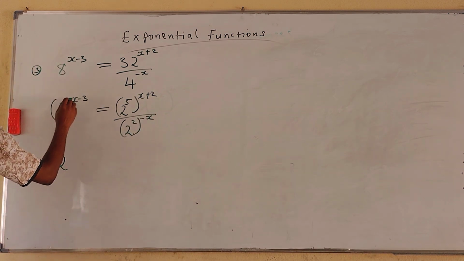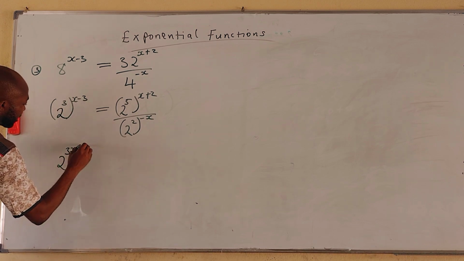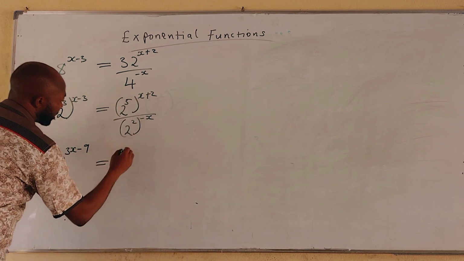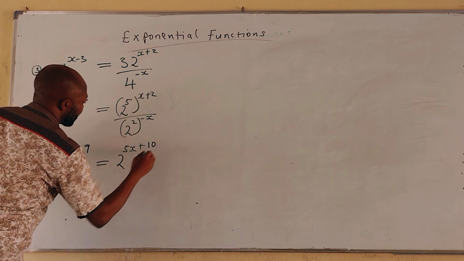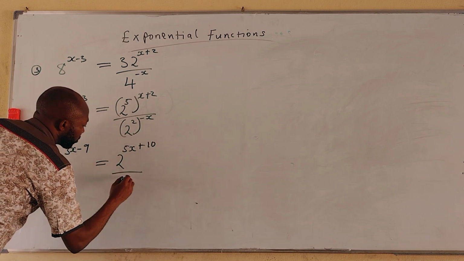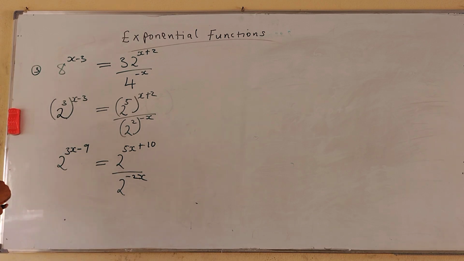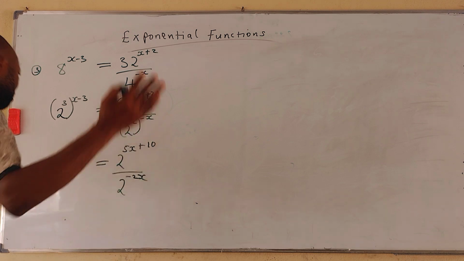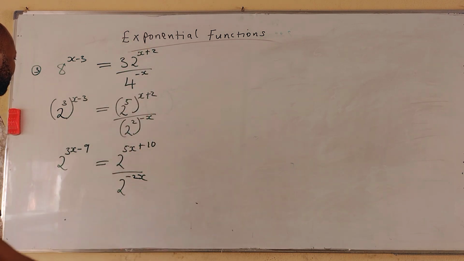2 raised to the power 3 times x is 3x minus 3 times 3 is 9, equals 2 raised to the power 5 times x is 5x plus 5 times 2 is 10 over 2 raised to the power 2 times minus x is minus 2x. Okay, let's cross multiply. Let me have them on the same platform.